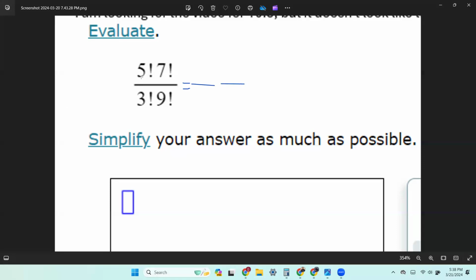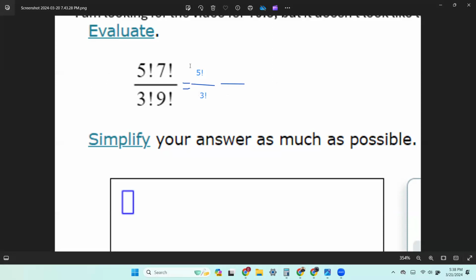All right. So what I'm going to do is I'm going to write 5 factorial over this one, and down here, I'm going to put the 3 factorial. And this makes it a little bit easier, in my opinion, to handle.